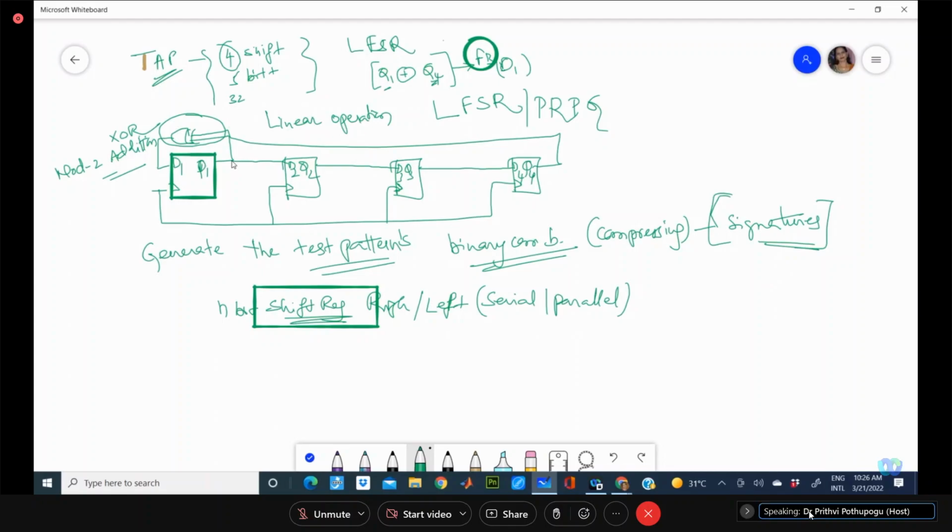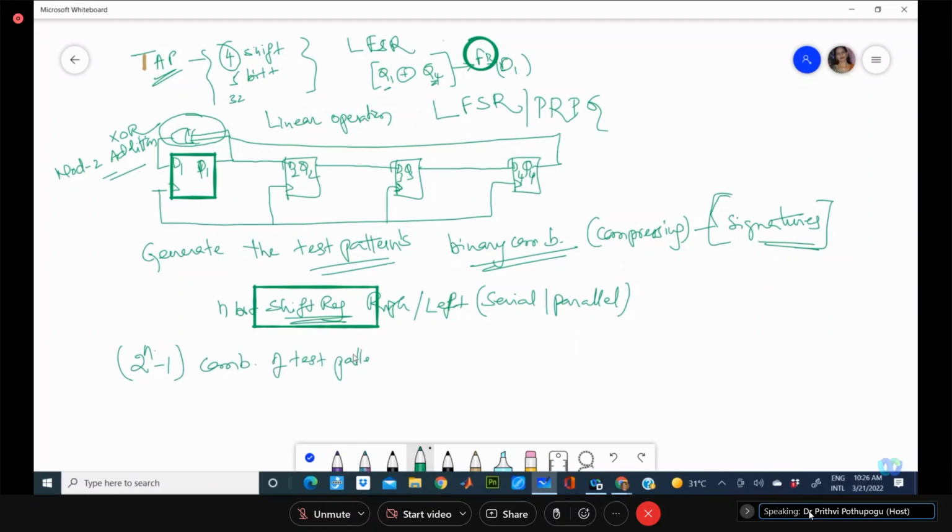So here, if this shift register is used with a modulo 2 addition operation, taking different tap points depending upon how many flip-flops you are using, we were able to generate 2 power n minus 1 combinations of test patterns. Okay.